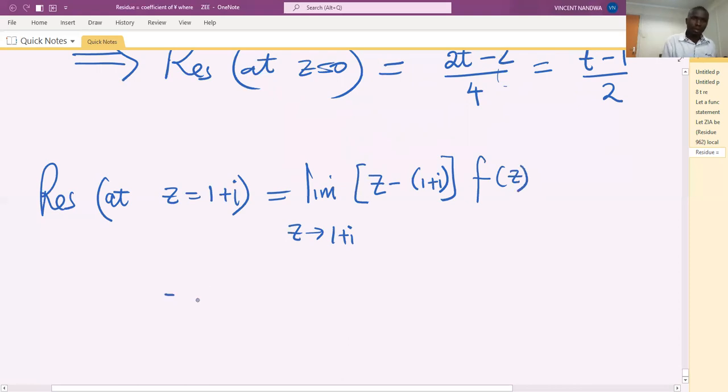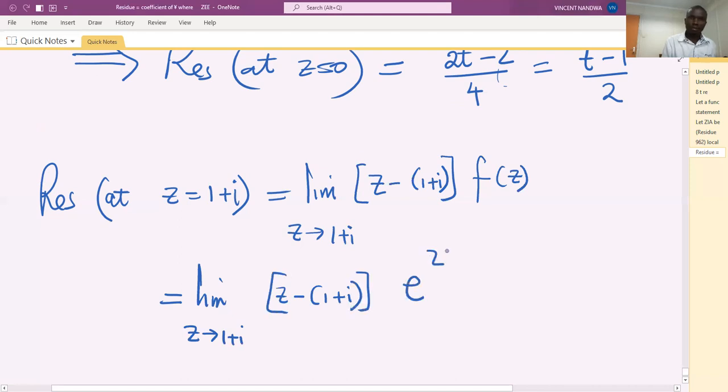So which will be limit as z approaches 1 plus i of z minus 1 plus i, our f of z is e raised power zt divided by z squared into z squared plus 2z plus 2.